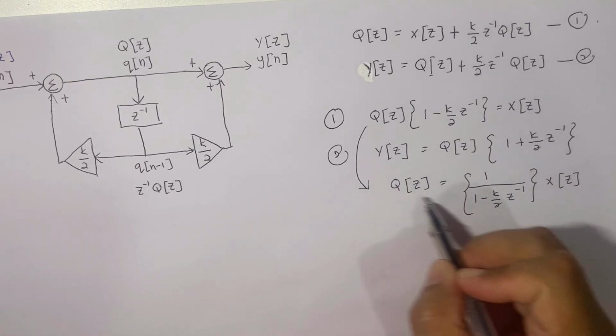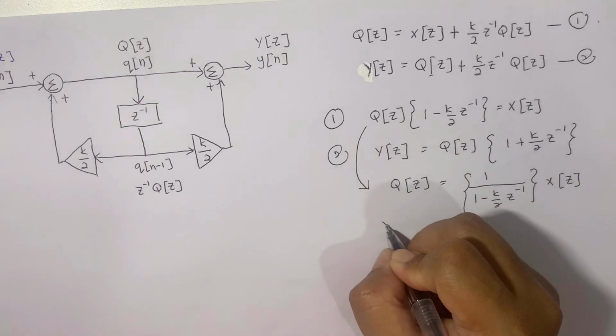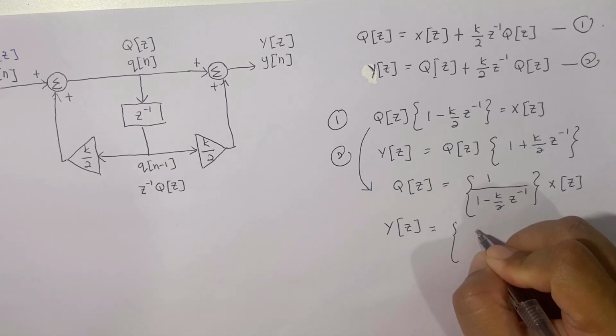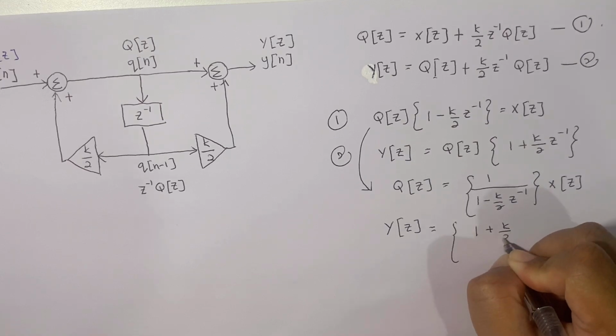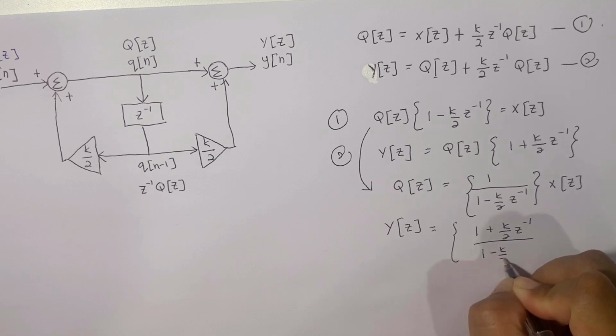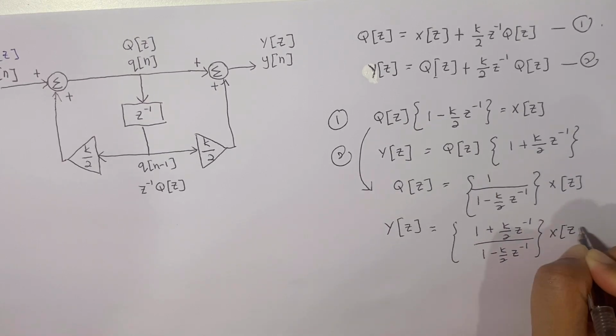So substitute this into Y(z). Okay, so you will have Y(z) equal to 1 plus k over 2 z to the power of negative 1, over 1 minus k over 2 z to the power of negative 1, X(z).